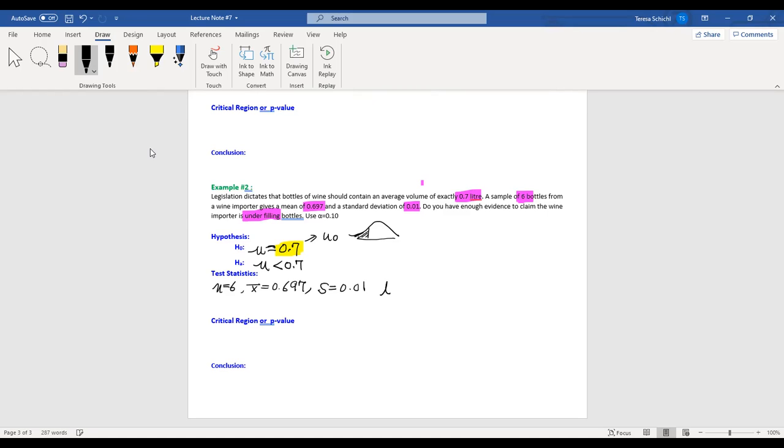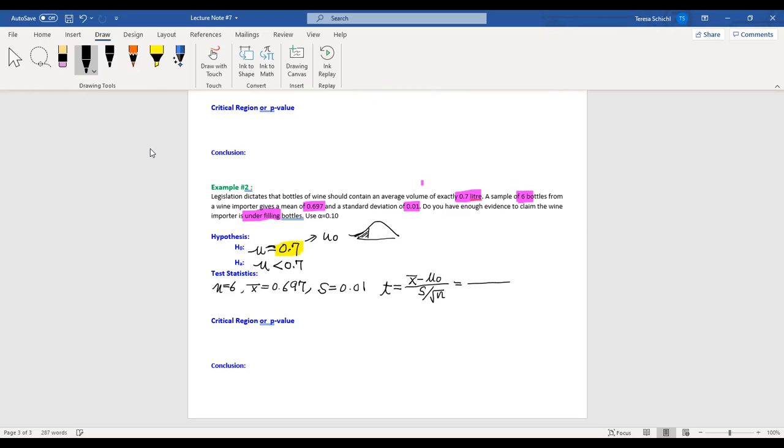Based on the formula from the first video, this is x bar minus mu 0, over s over the square root of n.